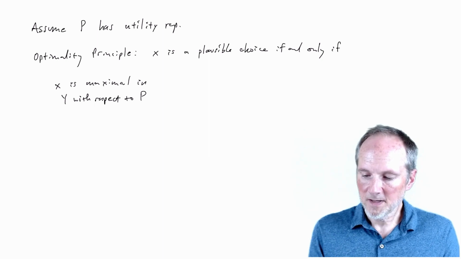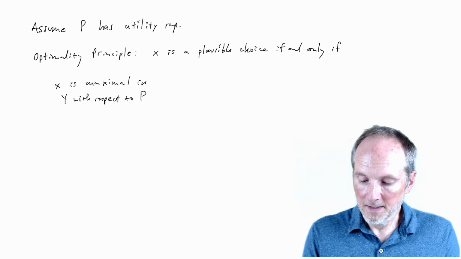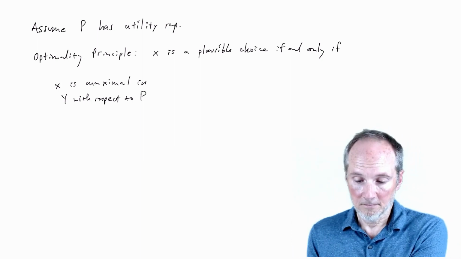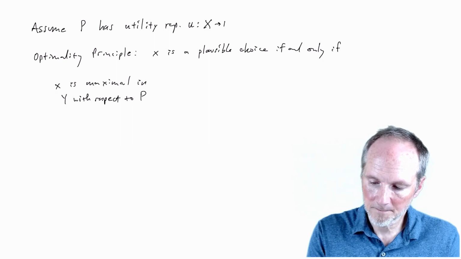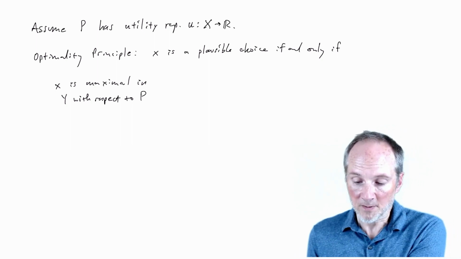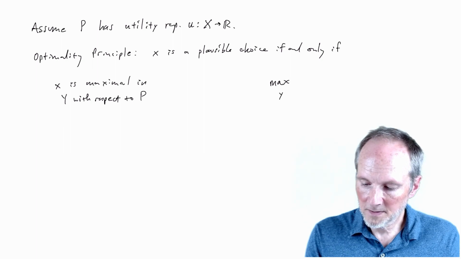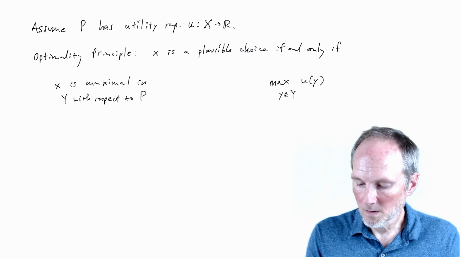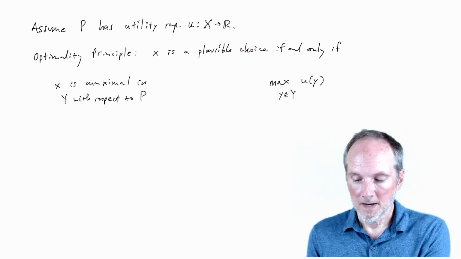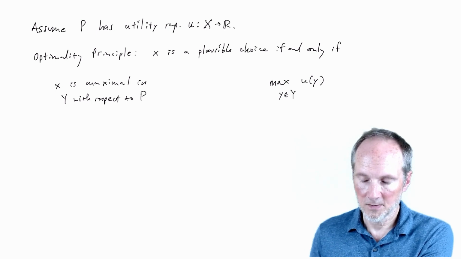Well, I just want to make the point that this is the same thing as saying that if we have this utility representation, I'm going to use U for that, you can think about maximizing the utility representation here, though, because there's a feasible set Y, and those are the only alternatives available.